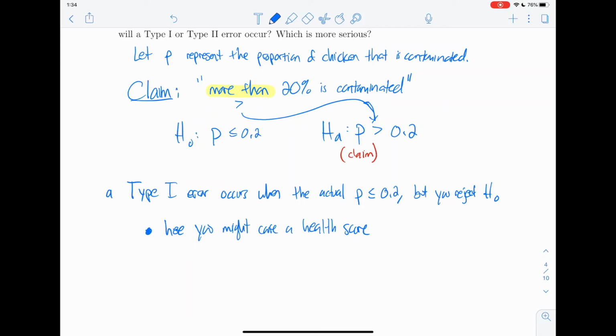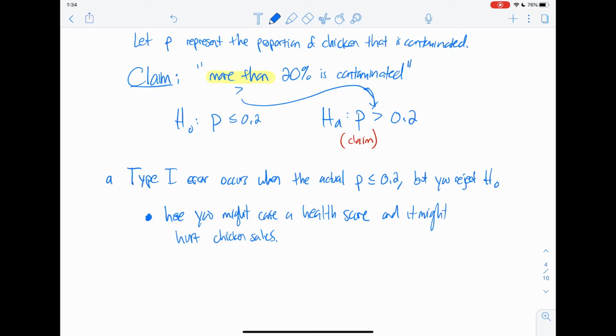And this might be concerning to them, so there might be a health scare. Moreover, economically, it might hurt chicken sales. So this sounds like a pretty bad error to commit, as far as we can tell.